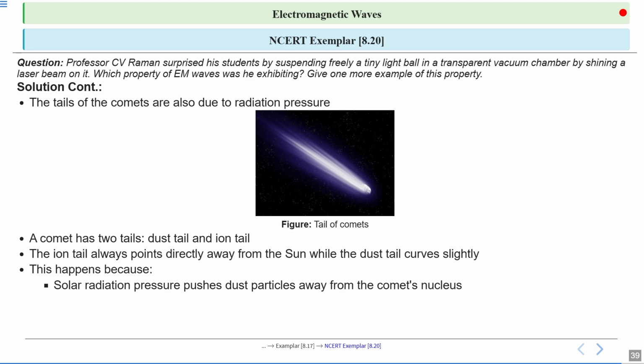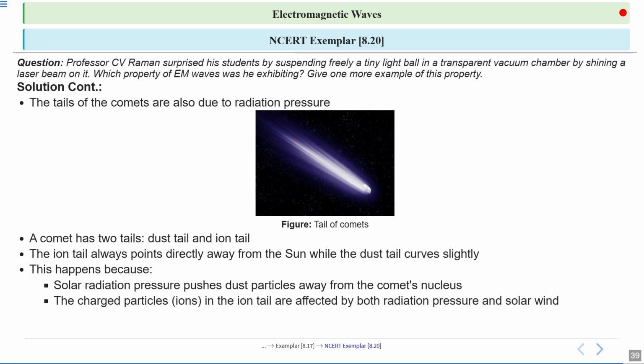Due to the pressure of these radiations coming from the sun, dust particles always point away from the comet's nucleus due to the radiation pressure on them. Also, ions present in the ion tail point away from the sun due to the radiation pressure, and also due to the solar wind. The charged particles in the ion tail are affected by both radiation pressure and solar wind.